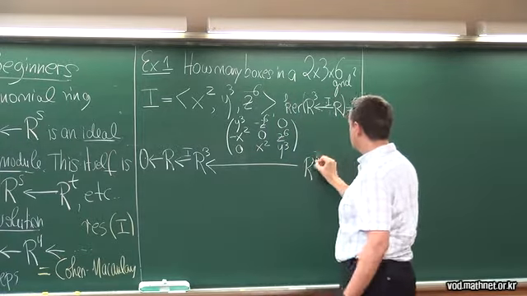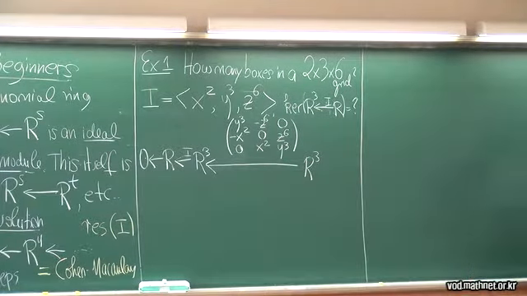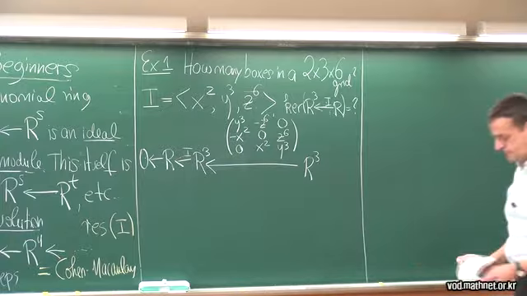And trust me, I claim, now you have to trust me, certainly these things are in the kernel. They are independent. None of them can be written as a polynomial linear combination of the others. And I claim they generate everything. So if you come up with any other vector in the kernel, I can write your vector as a polynomial linear combination of my columns, okay?